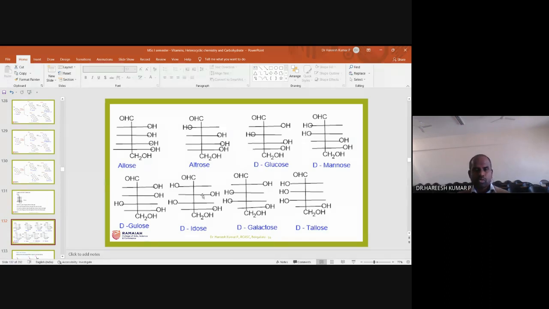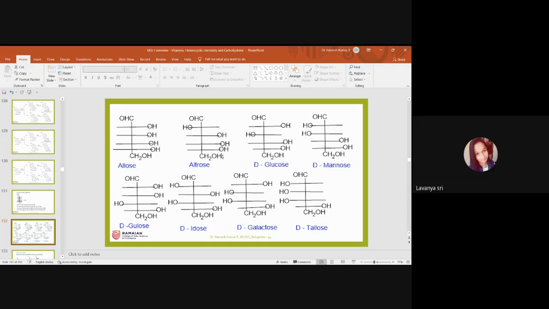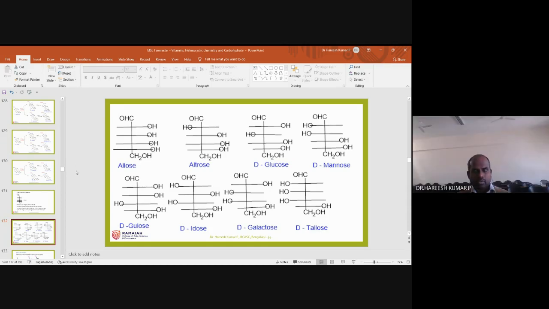So this is about the determination of configuration of aldohexoses. Is it clear? Is there any doubt? No, sir. Okay, so this is about aldohexoses, and aldopentoses you have to remember, there is no other choice.